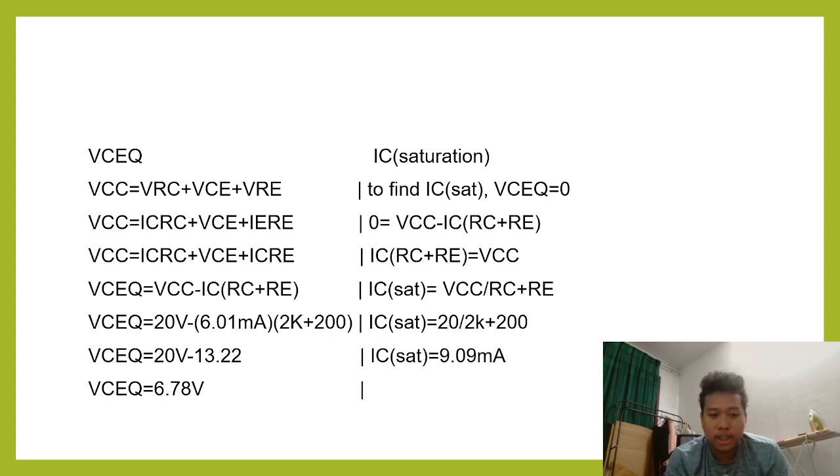To expand the equation, because we are searching for voltage, we need to use Ohm's law, where V is I times R. So in this equation, IC times RC plus VCE plus IERE, and the same for VRE. So VCC is equal to ICRC plus VCE plus ICRE. I forgot to mention, IC is equal to IE.